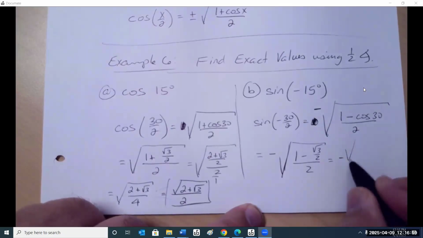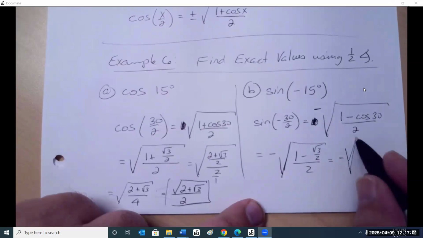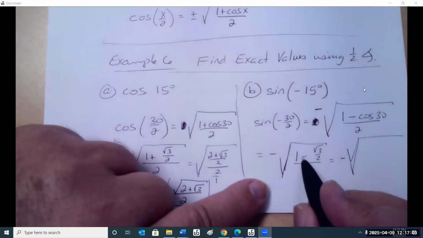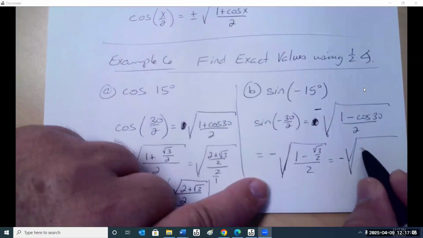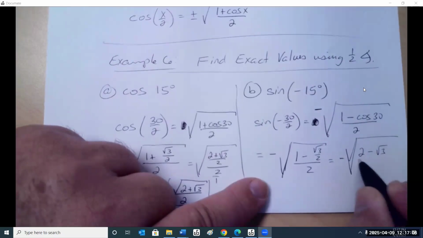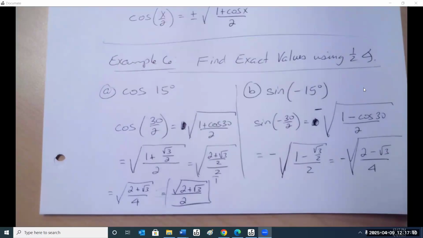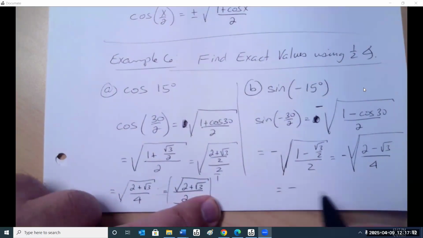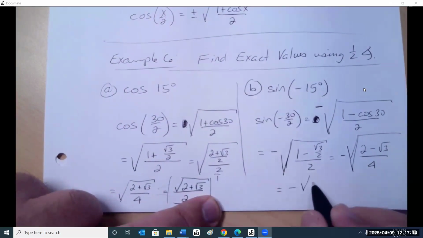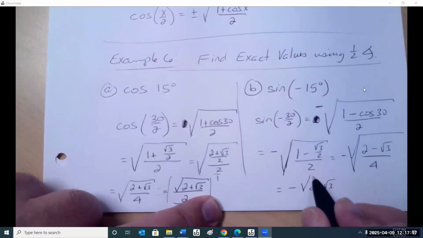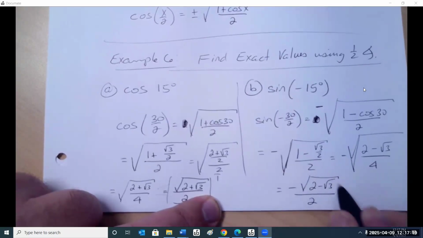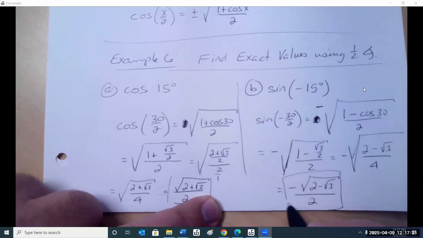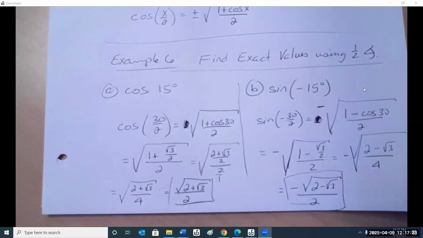It's going to be 2 minus, so it's 2 minus square root of 3 over 4, which becomes negative square root of 2 minus square root of 3 over 2. Pretty straightforward.